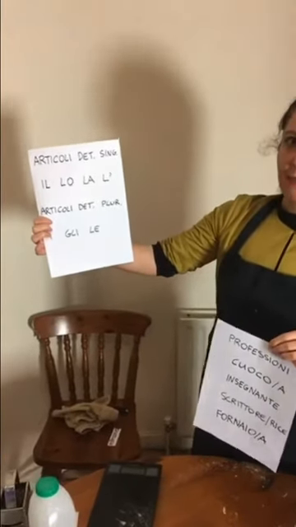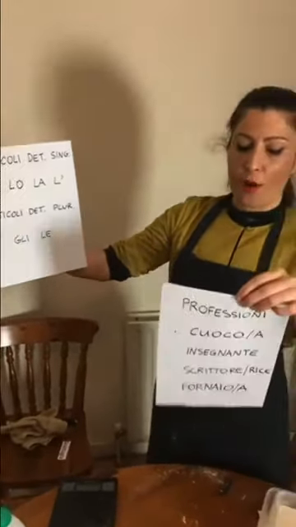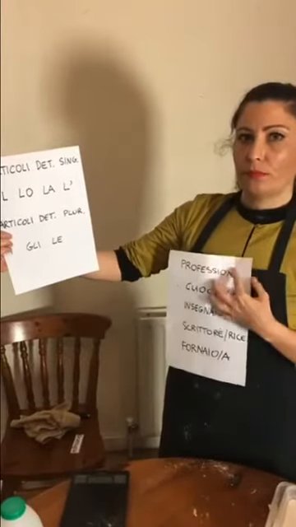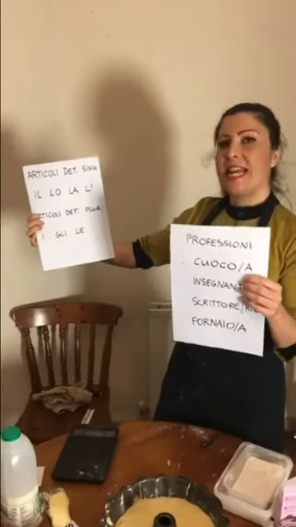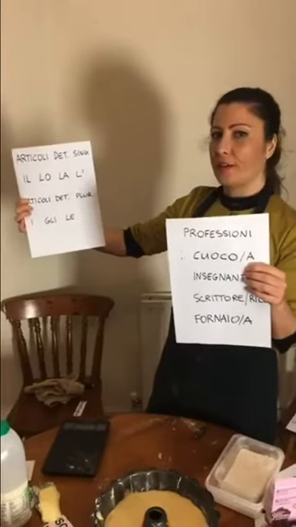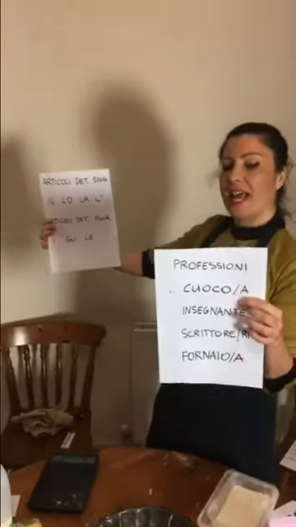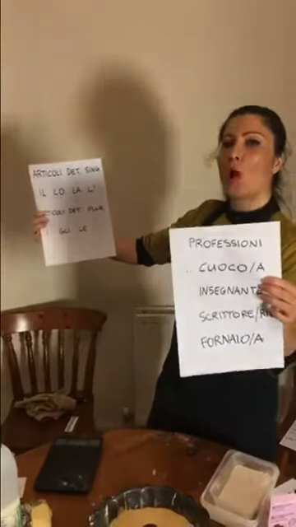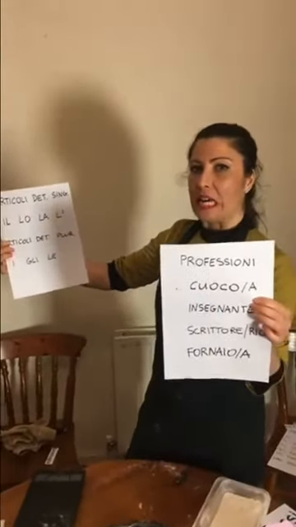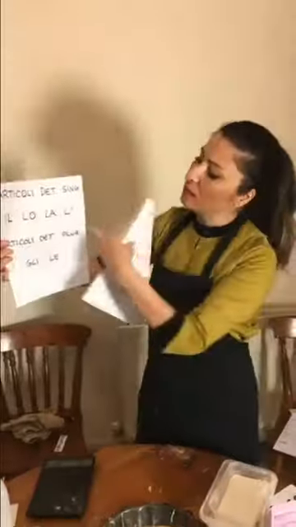Could you tell me which one I should put in front of cuoco? It's il cuoco because it's masculine. If I were to say cuoca, it would be la cuoca.